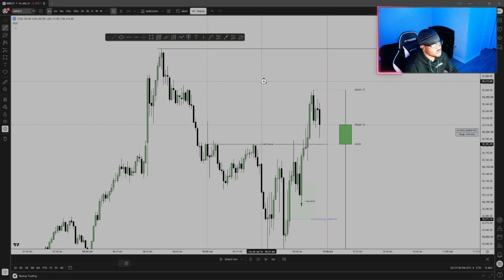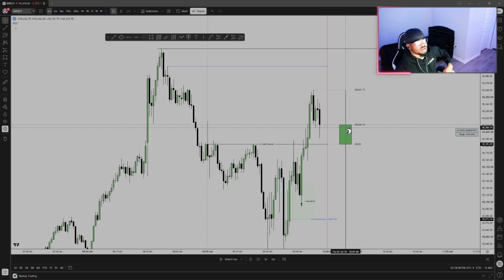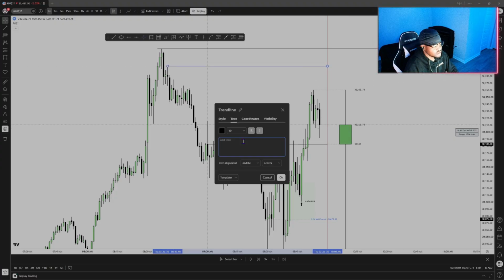So if this 9 o'clock candle was to remain bullish, then of course the next logical areas that you would want to see price trade into is any resting levels of buy stops, and that's only if it continues going up. So let's see what it does. So resting buy stops.